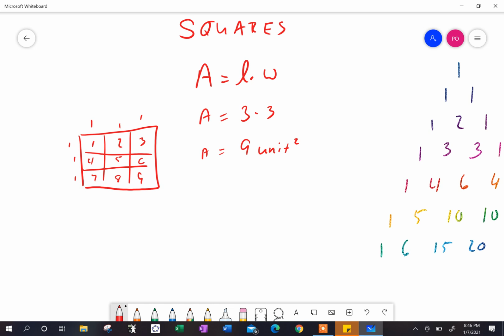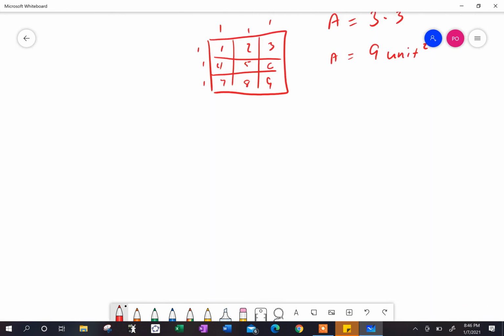But there's another way to look at squares, which is actually really quite clever, and I really like this. If I drew 1 square, the area is 1. Now, if I were to draw 3 more squares, I now have 4, which is 2 squared.